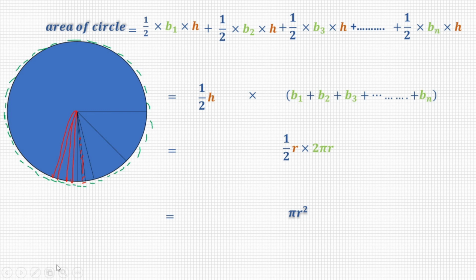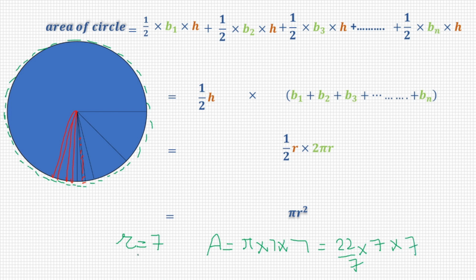So if we have a circle with radius 7, then we can easily find the area by this formula. This formula says area is pi r square. That means pi into 7 into 7. You know the value of pi? It's 22 over 7. Then r square means r into r.